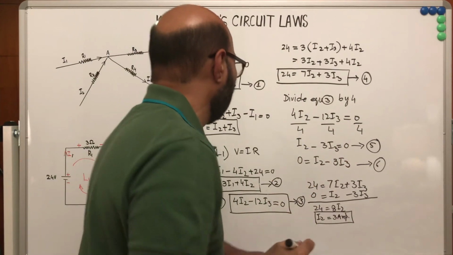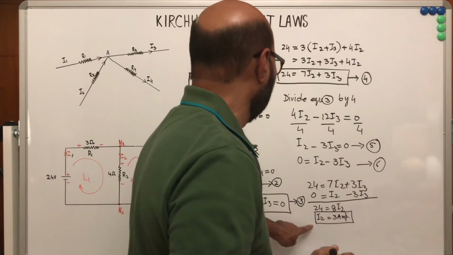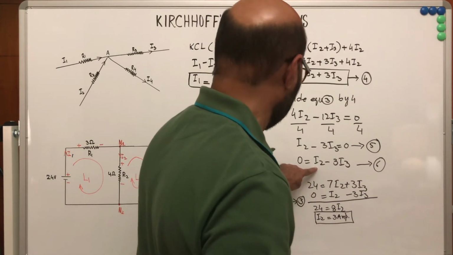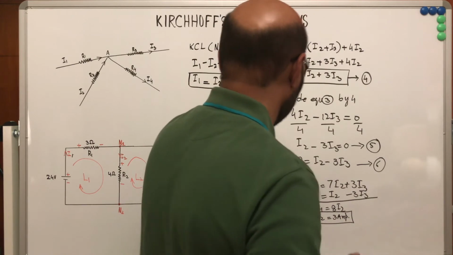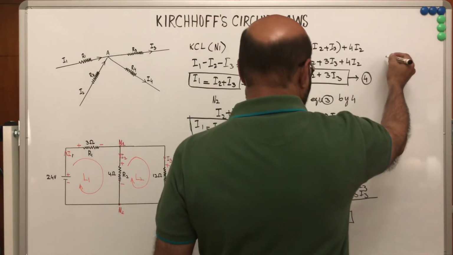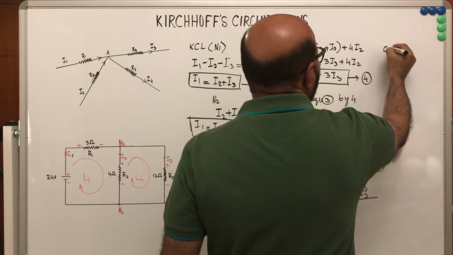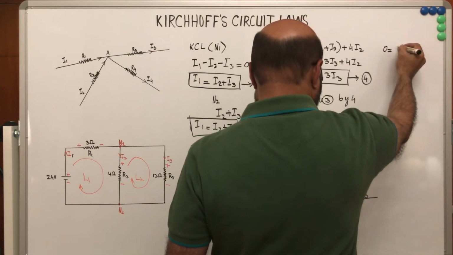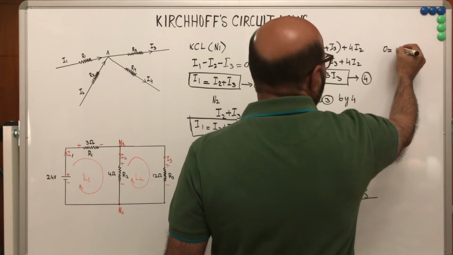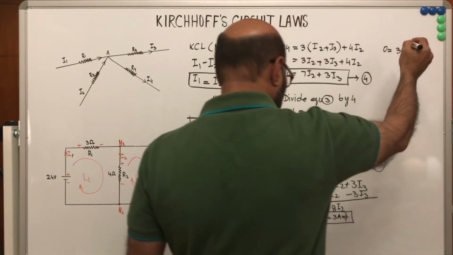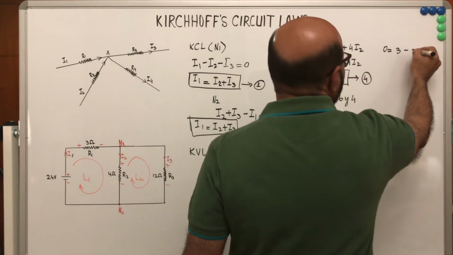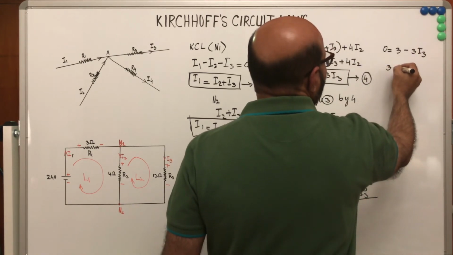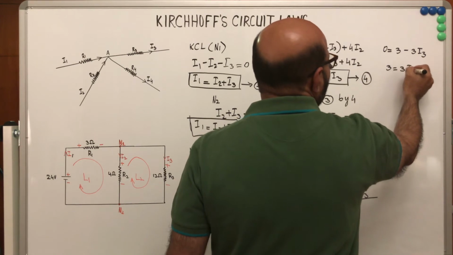Now we can place this I2 in equation 6 to find out the value of I3. 0 equals to, in place of I2 now we can write 3 minus 3I3. So 3 is equal to 3I3.